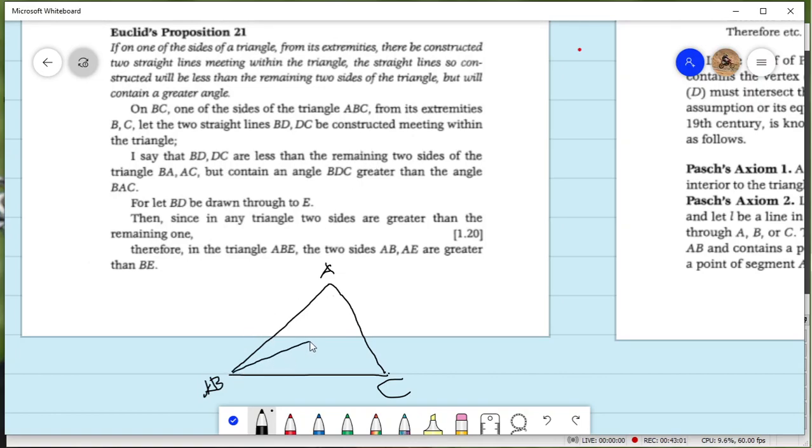So there are these two line segments. This is D. Okay? Meeting at an interior point of the triangle.